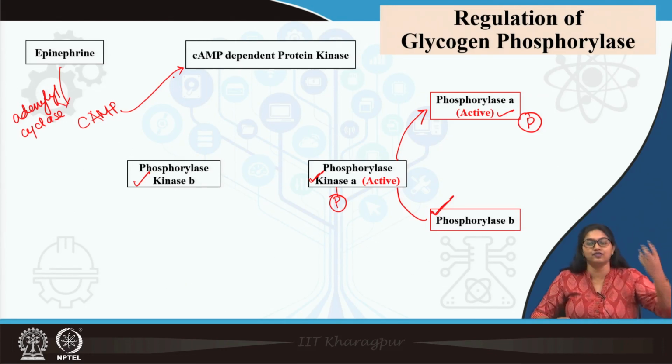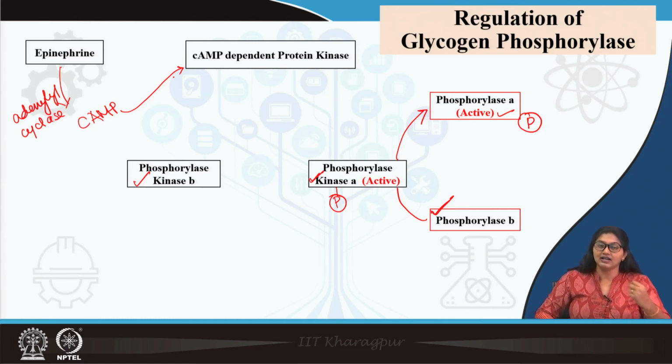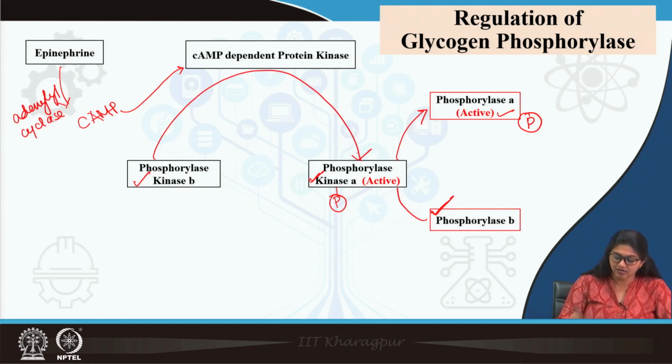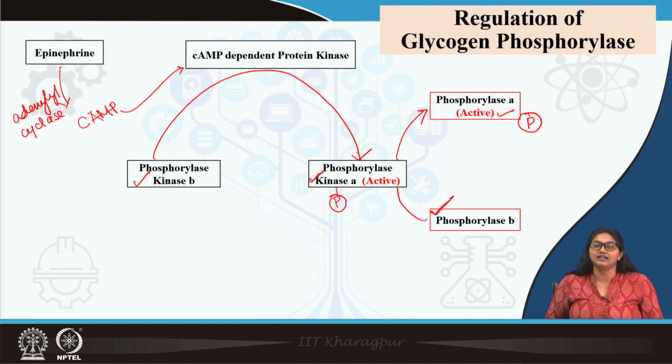Kinase is related to phosphorylation. So, this cyclic AMP dependent protein kinase phosphorylates phosphorylase kinase. Basically, there is activation of phosphorylase kinase by cyclic AMP dependent protein kinase.